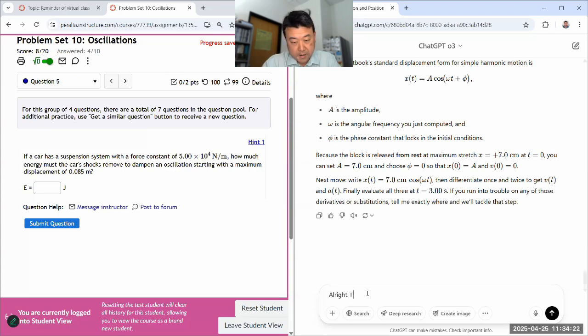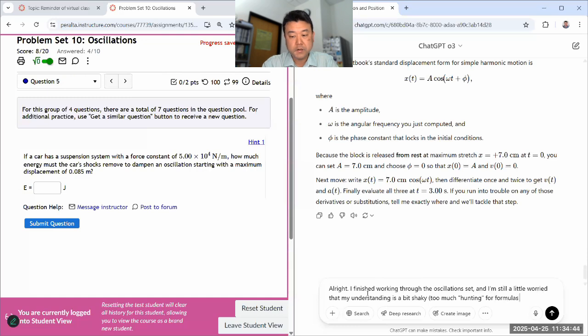All right, I finished working through the oscillations set, and I'm still a little worried that my understanding is a bit shaky. Too much hunting for formulas in the textbook.